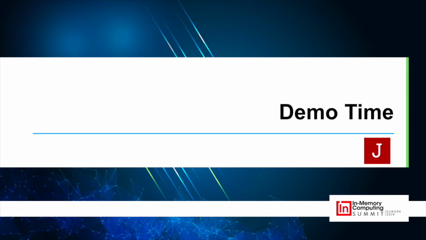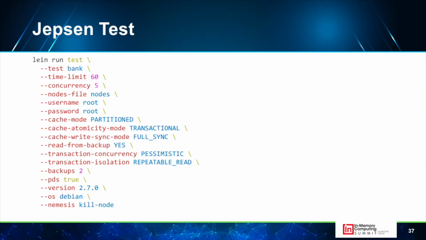In this case, I will use Jepsen. Jepsen is a framework for distributed systems verification. Basically, it's a Clojure library. Clojure is a modern Lisp functional language. Here you can see the typical Jepsen test settings.